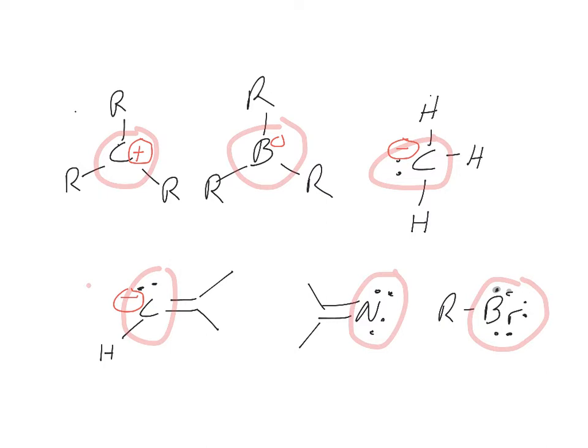Well, this nitrogen, what's its formal charge going to be? Negative. Nitrogen has 2 bonds and 2 lone pairs. It normally wants 3 bonds and has 1 lone pair, so it has an extra electron, so it has a negative charge. Nitrogen with 2 bonds and a full octet has a negative charge.